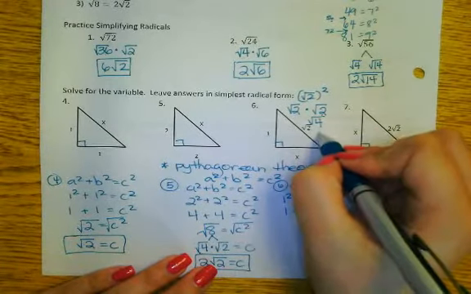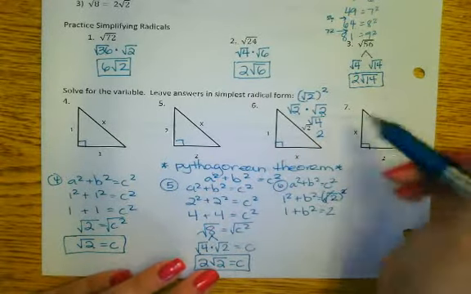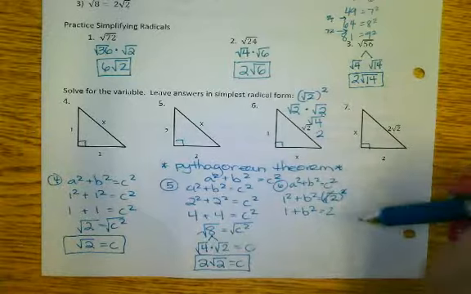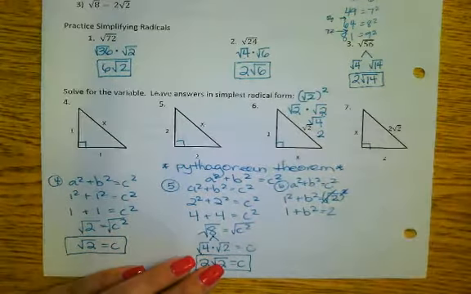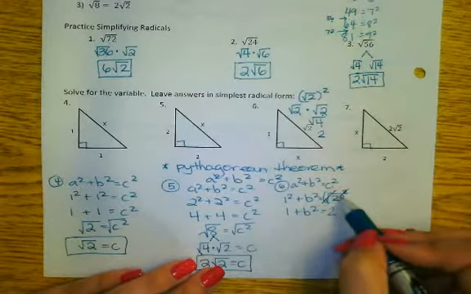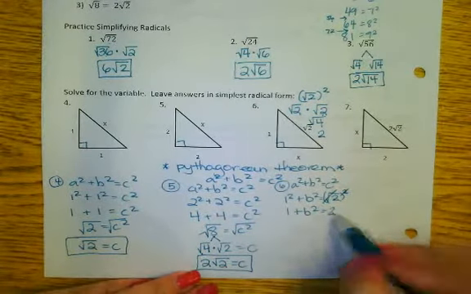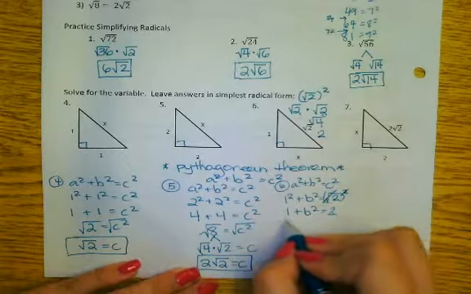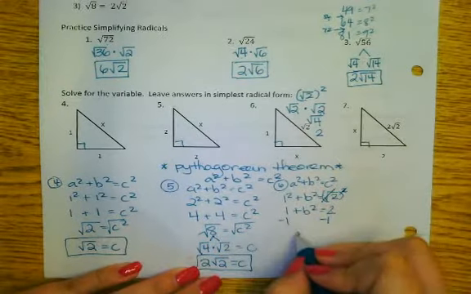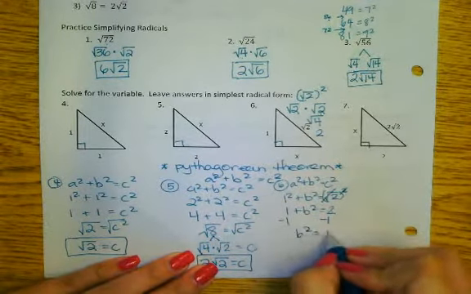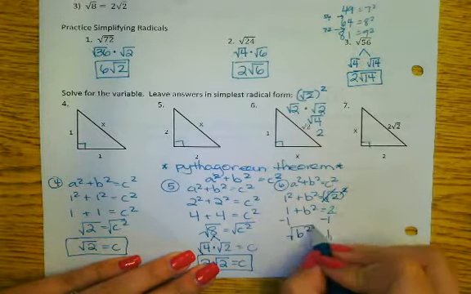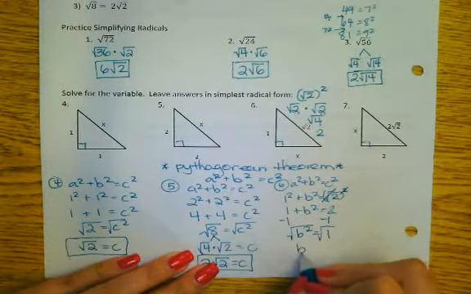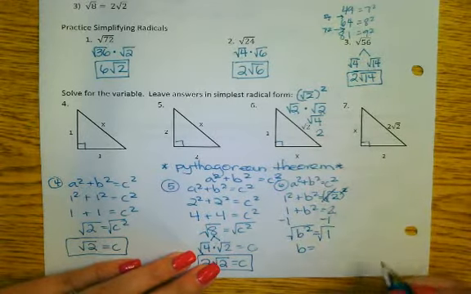So rather than working all that out, a shortcut is to cancel out the square and the radical, and take just what's left underneath the radical as the answer. So I'm going to subtract 1 from both sides. I have b squared equals a positive 1. Take the square root of both sides. What's the square root of 1? 1. Very good.